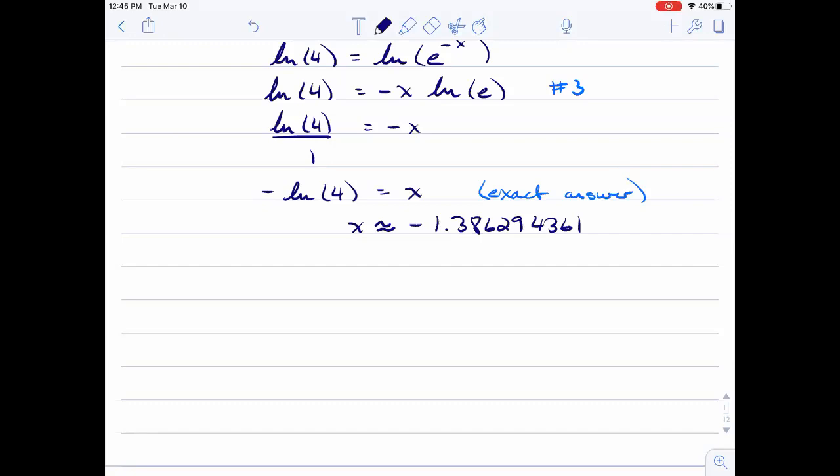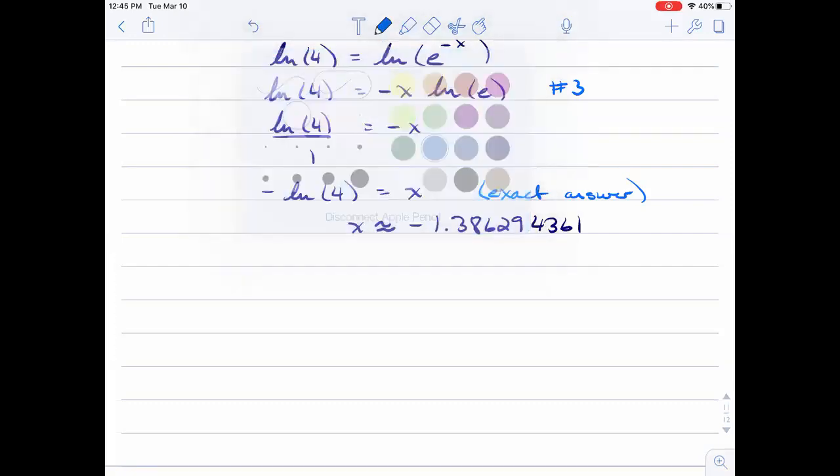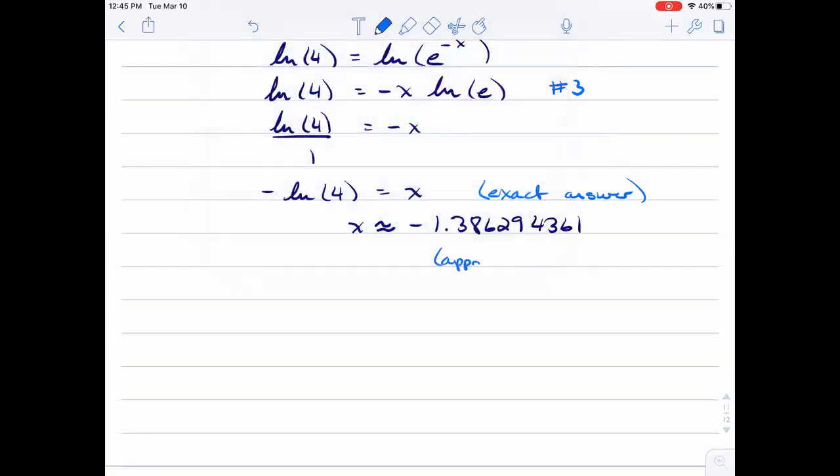Okay. So, of course, this is our approximate answer. In the interest of time, I just want to solve one logarithmic equation. So it does go through and it shows you how to solve an exponential equation of quadratic type.